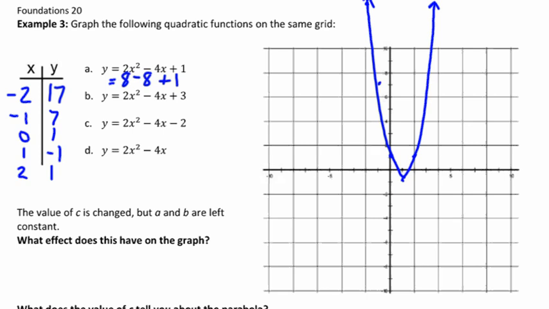All right, next one, we'll keep our x values. Y equals 2x squared minus 4x plus 3 this time. So 2 times negative 2 squared is going to be 8, minus 4 times negative 2 is really plus 8, plus 3. 16 plus 3 is 19.